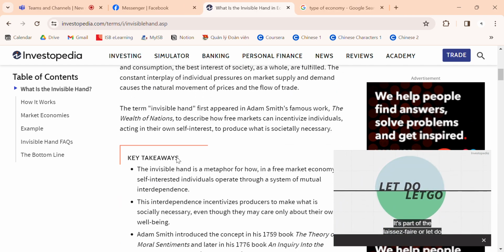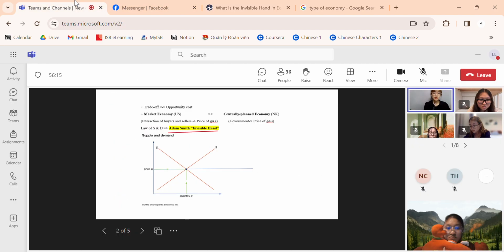So Adam Smith's invisible hand simply means that buyers and sellers interact with each other to determine the equilibrium and bring the market into efficiency without the need of government.